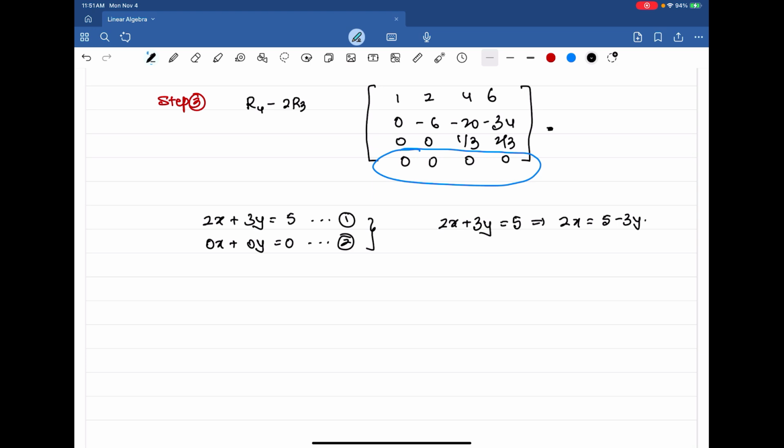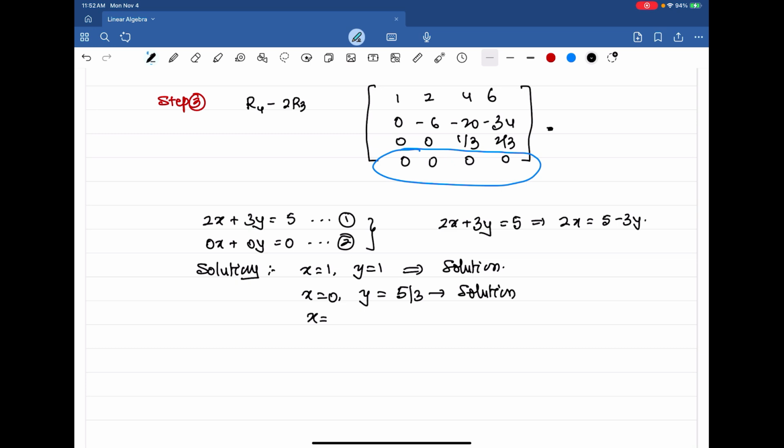Are you able to understand? For example, x is equal to 1, y is equal to 1 is a solution. x is equal to 0, y is equal to 5 by 3 is also a solution. x is equal to 5 by 2, y is equal to 0 is also a solution.